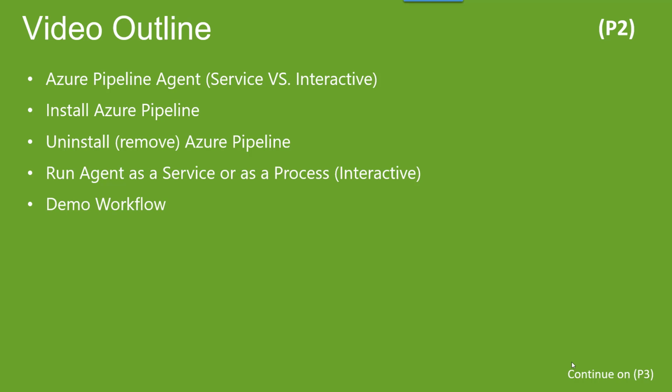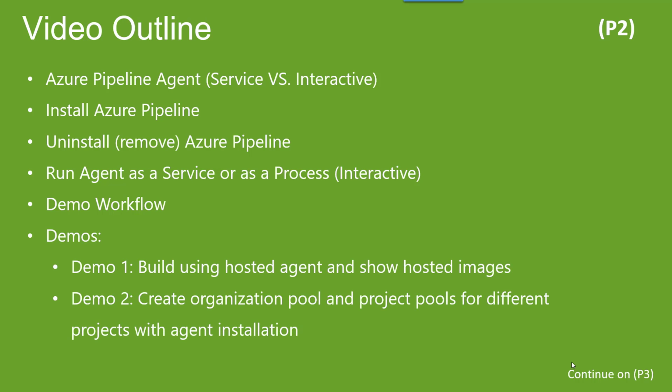Then we will see the demo workflow. As you may have already seen in my videos, I prefer to describe the demo steps in a workflow so you can understand exactly what will happen in the demo. In the first demo, we will just get an overview of the current hosted ready images by Microsoft.